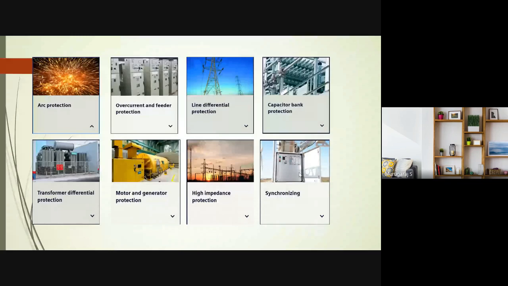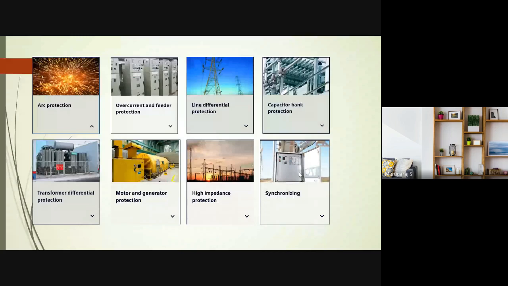If you have to do parallel operation for 2 generators, first, the voltage of each generator has to be the same. Second, the frequency of both generators has to be the same. And third, the phase sequence of both sources has to be the same. These 3 conditions have to be met before we do parallel operation. For this, a relay called the sync relay is there.